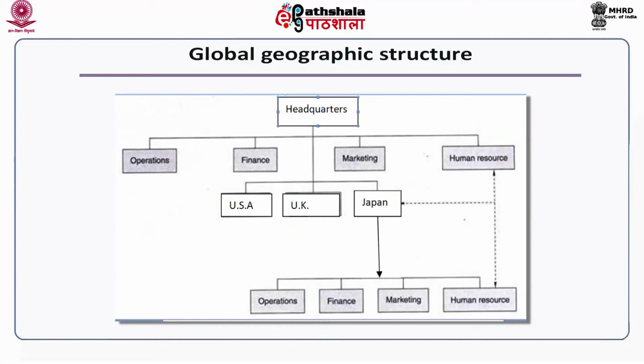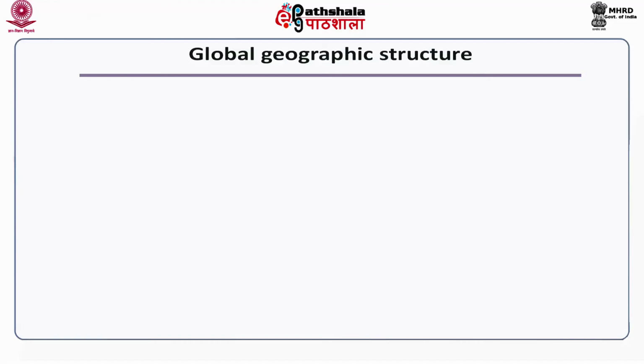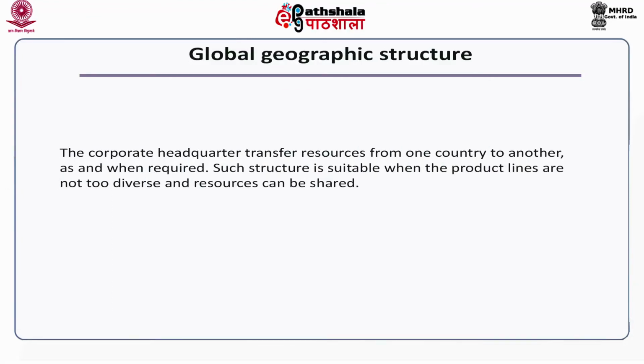Also, the main department will coordinate the activities of all the subsidiaries' departments. The corporate headquarters transfer resources from one country to another as and when required. Such structure is suitable when the product lines are not too diverse and resources can be shared.